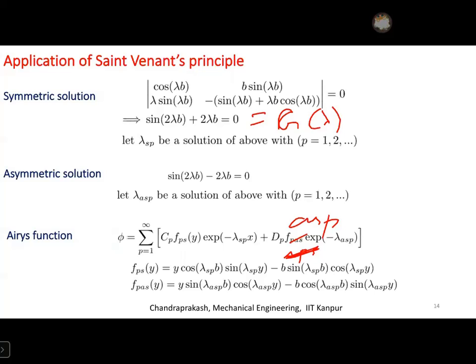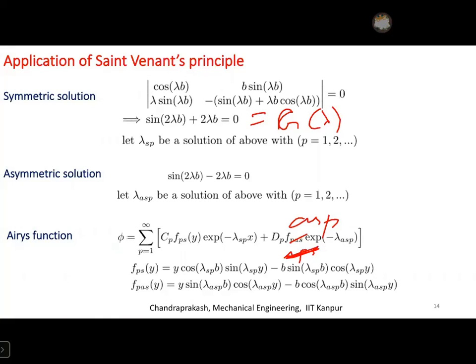Okay, lambda SV standing for the symmetric eigenvalues or solutions which correspond to symmetric functions, and lambda ASP is corresponding to the eigenvalues for the asymmetric solutions.